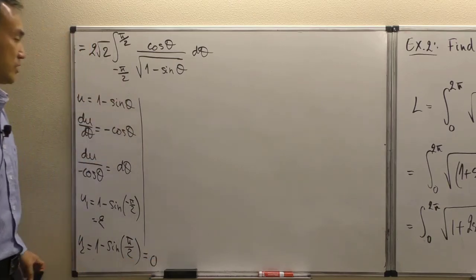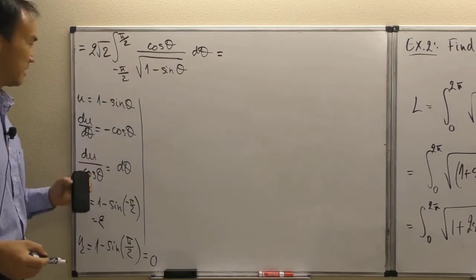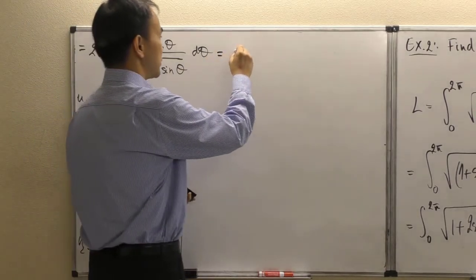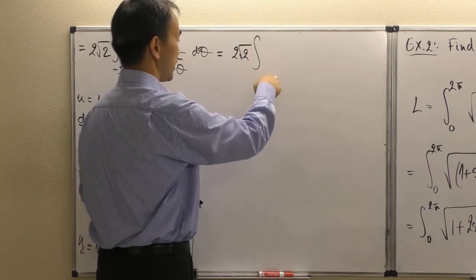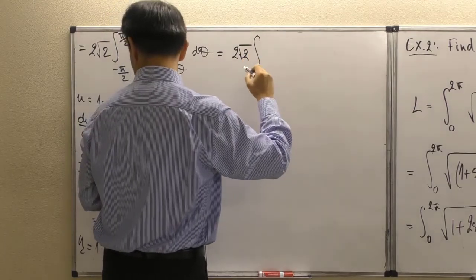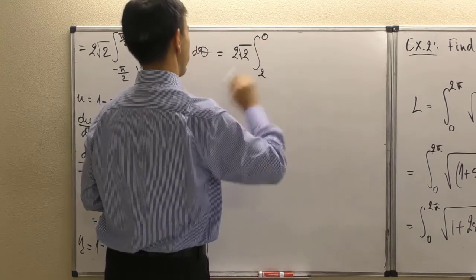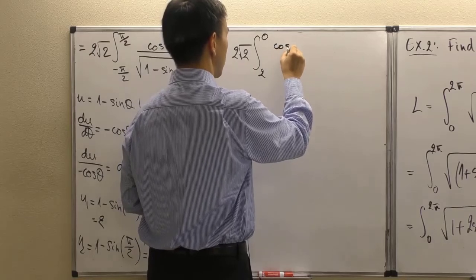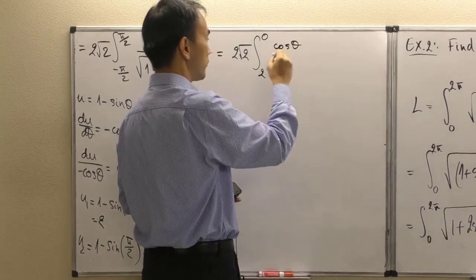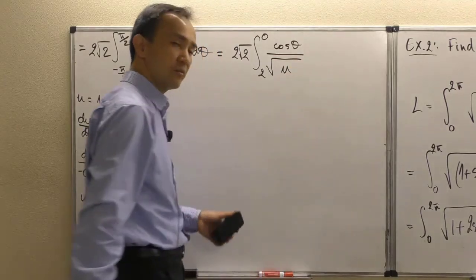Okay, so now we can put all the substitutions in place here. Now it's 2 times square root of 2 multiplied with the integral from u1, which is a 2, to u2, which is a 0. Then we have cosine theta, which did not get a substitution, but the square root expression is now substituted by square root of u.